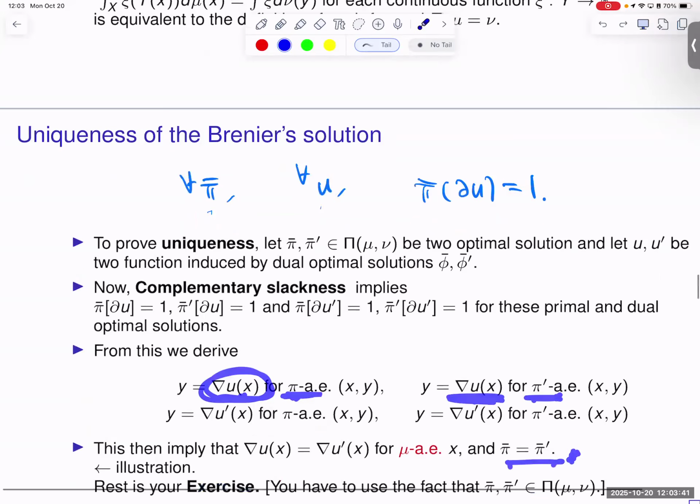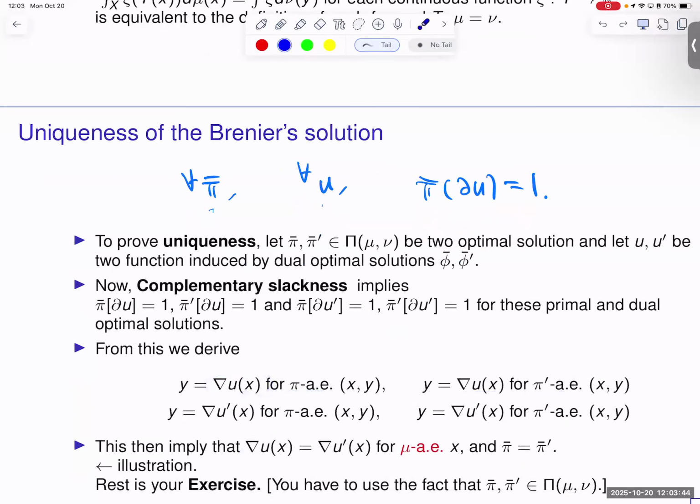So there's uniqueness. That's why this optimal transport plan is unique.